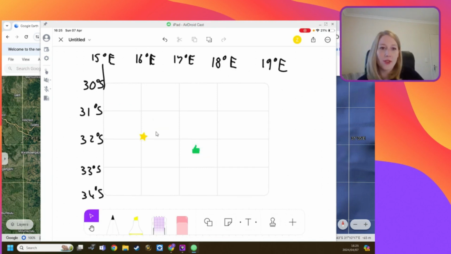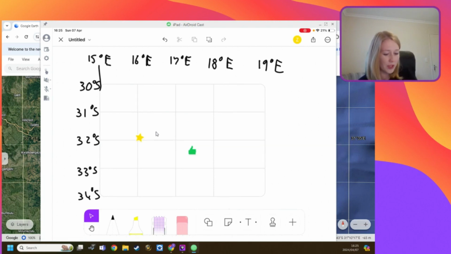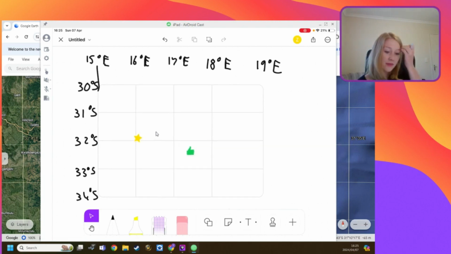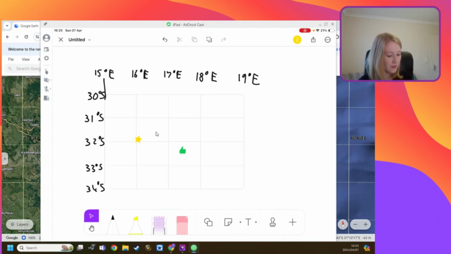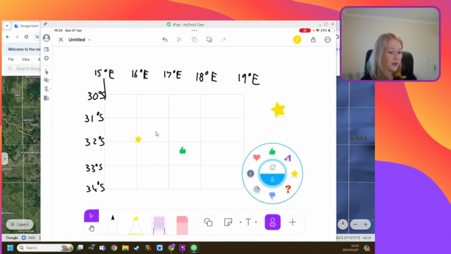So let's start with the star. If I wanted the coordinates of the star, that makes life a little bit easier because it's on the lines. There, here, there. These are the coordinates that we're finding.